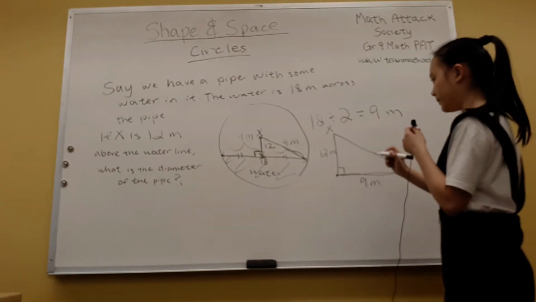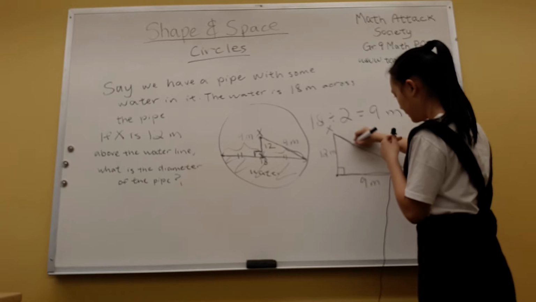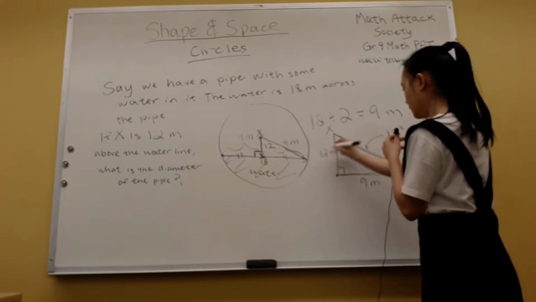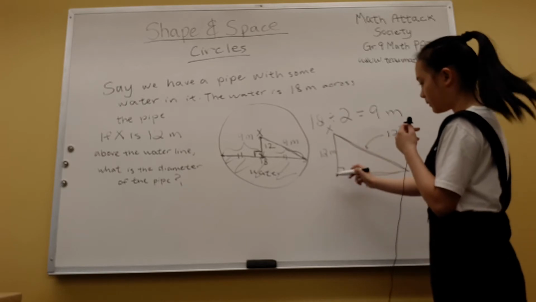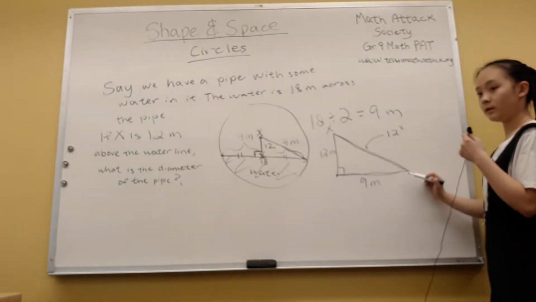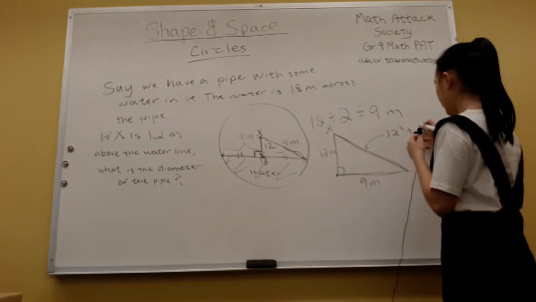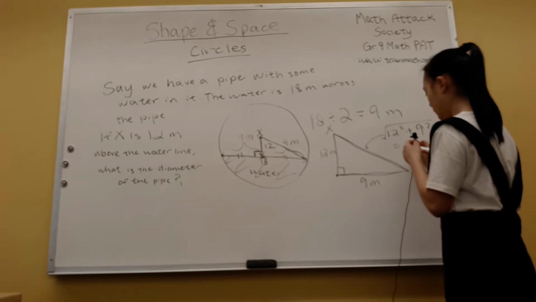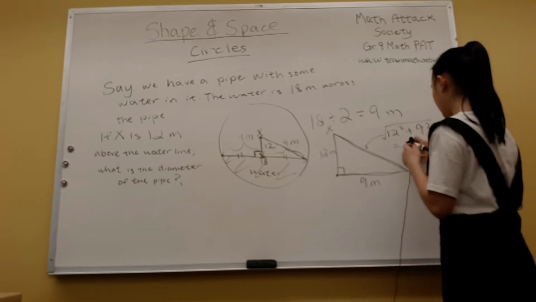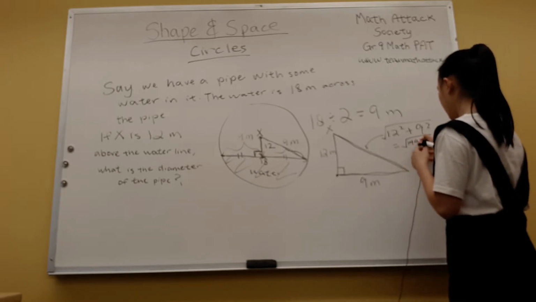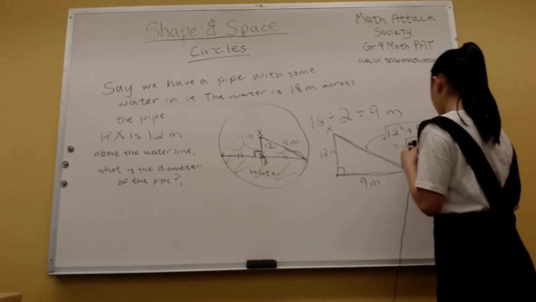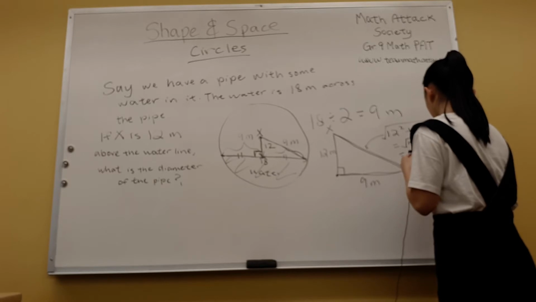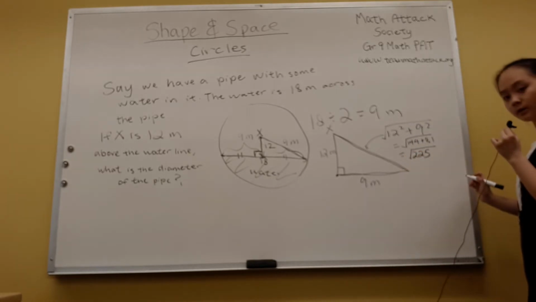Since we also know that this is 90 degrees, we can use the Pythagorean theorem to get this length. By the Pythagorean theorem, this length right here should equal this side squared plus this side squared, all square rooted. So 12 squared plus 9 squared, square rooted, which is 144 plus 81, which is the square root of 225.